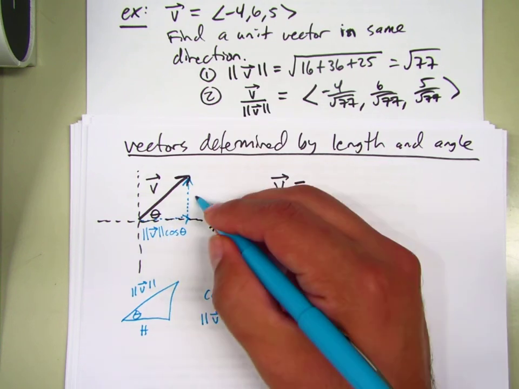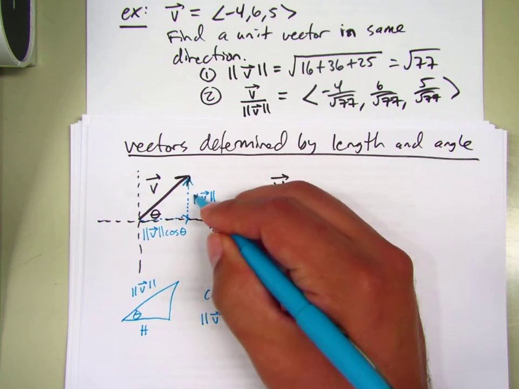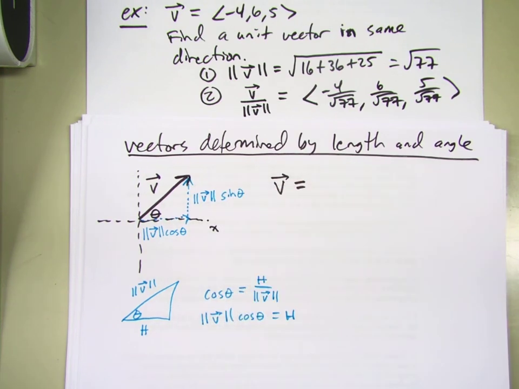And similarly, this length here, the opposite side will just be the length of v times sine of theta. Again, you can just use right angle trig to figure that out.